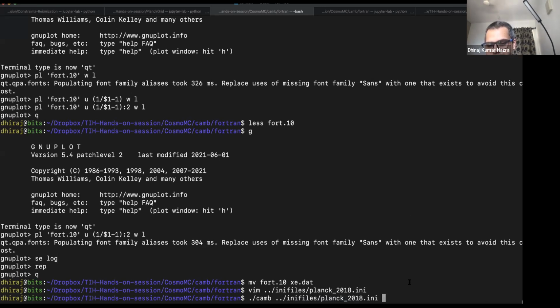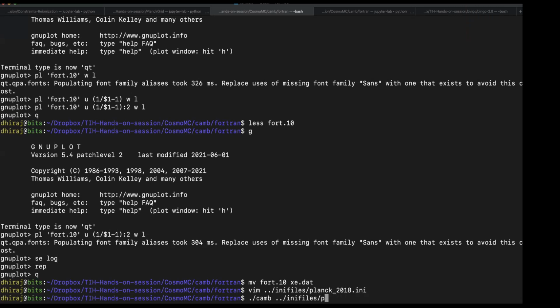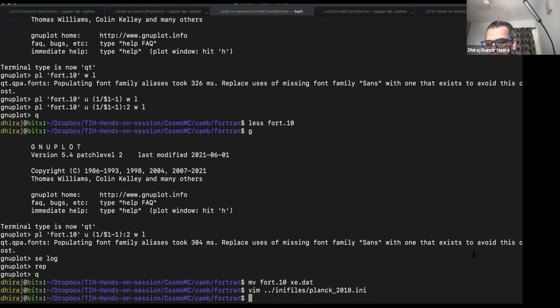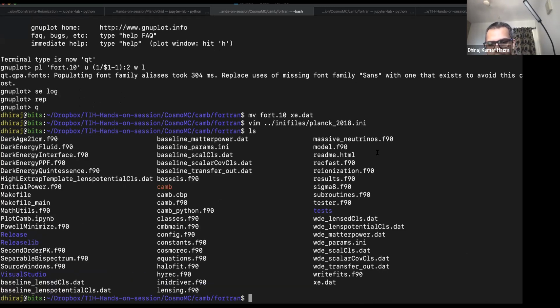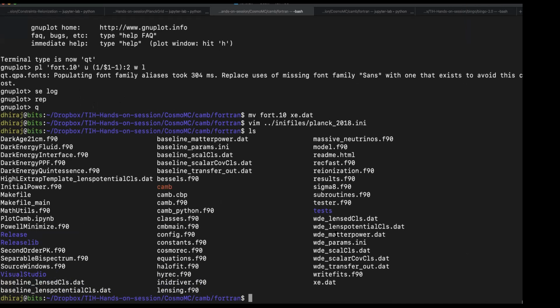Can you repeat the command make camb? Make camb. Here I'm writing it, just like here. Make CAMB. Should I go to the file directory on the left hand side while entering the cd command?